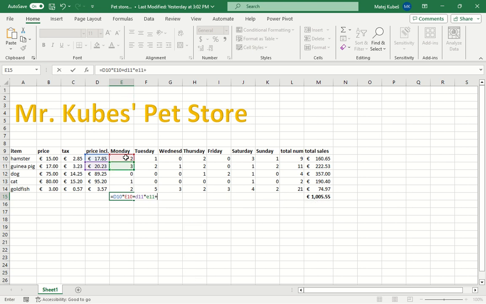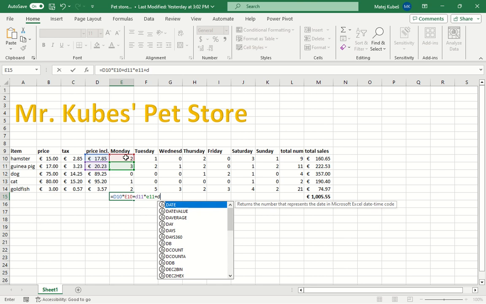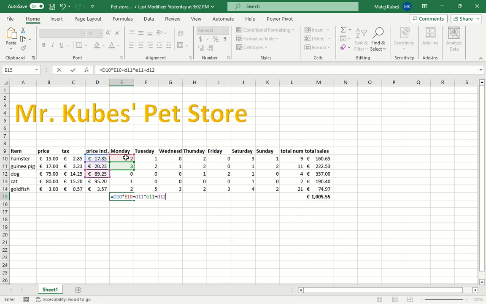Likewise, I want to do the same thing for the dog. So D12, that's the cell reference for the price of a dog, times the quantity of dogs sold, E12. Okay? Plus the cat, same thing, the price of a cat, which is D13, times the number of cats sold on Monday, which is in E13.